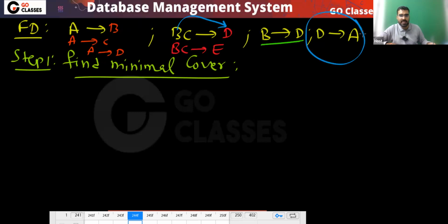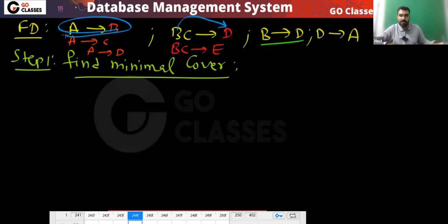Okay, what about this? If I remove this, can D determine A? No. If I remove this, can B determine D? No, B cannot determine D. If I remove this, can BC determine E? No. If I remove this, can A determine B?